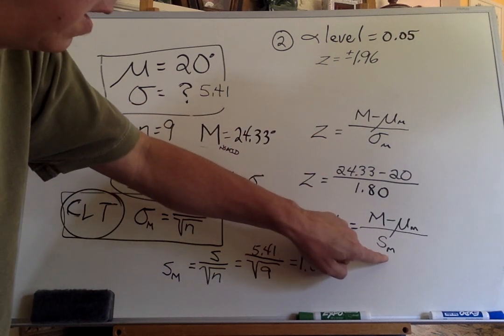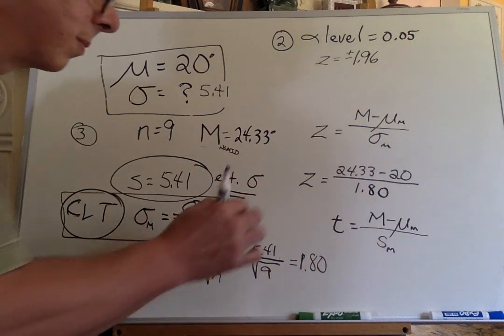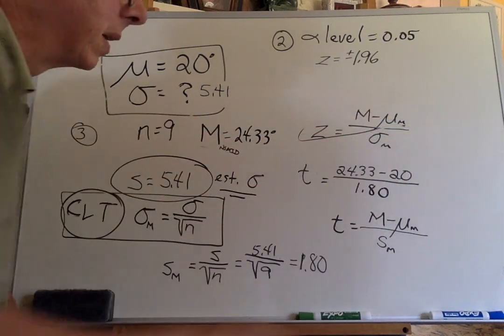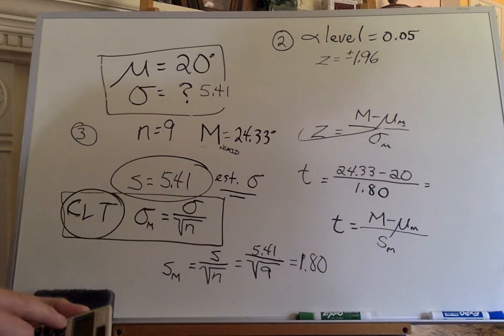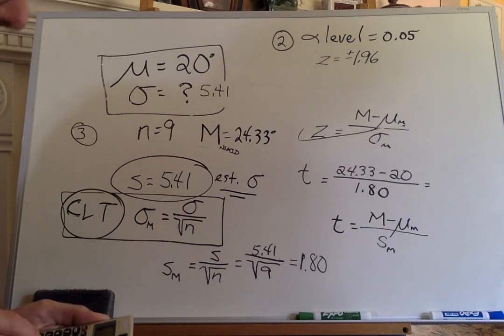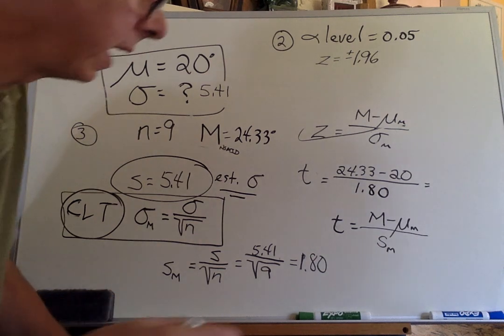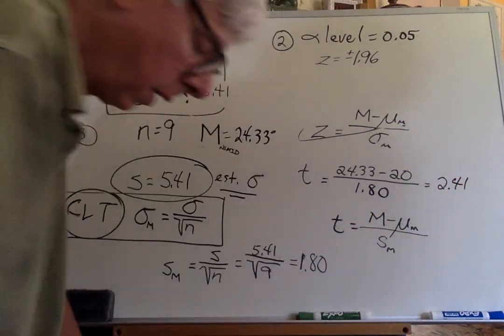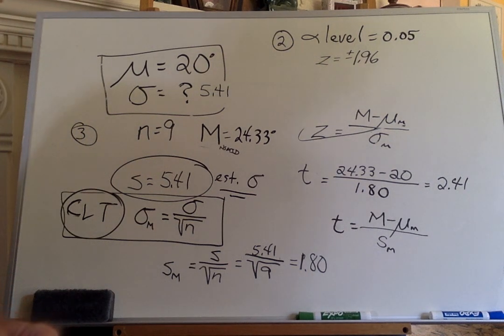This is saying that we have an estimation for sigma, not the actual sigma. So this becomes a t-test, not a z-score, because we don't have sigma. And now we can get our value for t, and the value for t here is 2.41. 2.41 for our value of t.